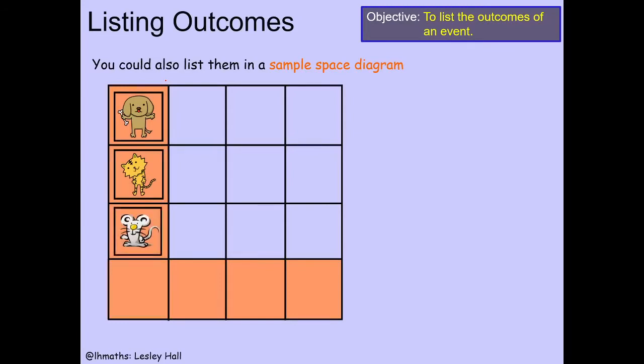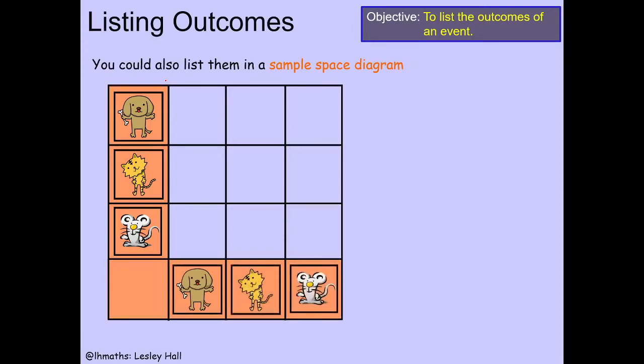And on the bottom part, I'm going to also have a dog, a cat, and a mouse. Now, I'm going to start over here. So I'm going to begin here, followed by this. So if I'm going to have a dog, it's paired with a mouse. So I'm going to have a dog mouse there.